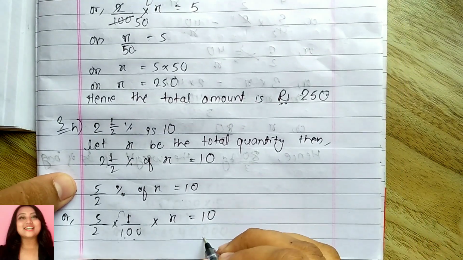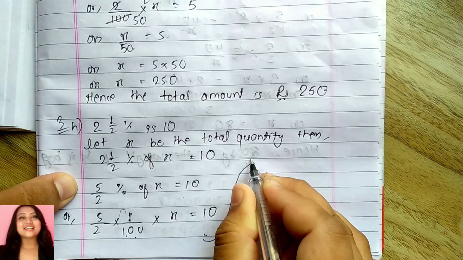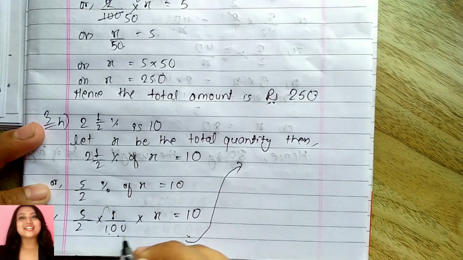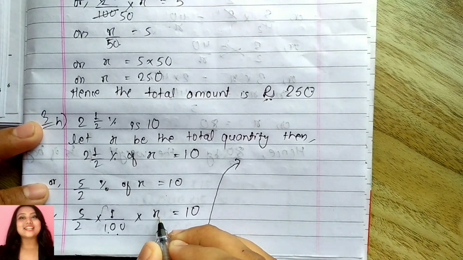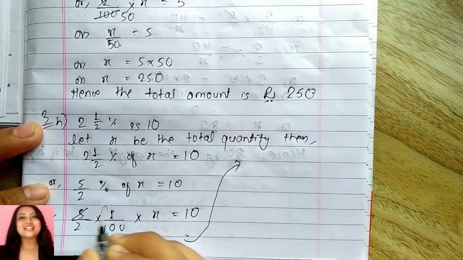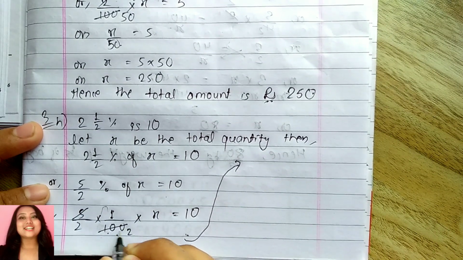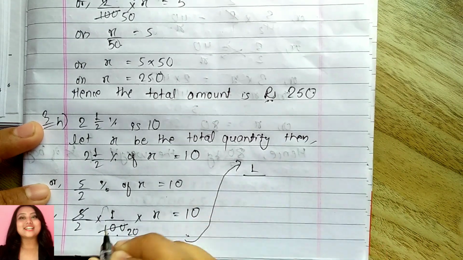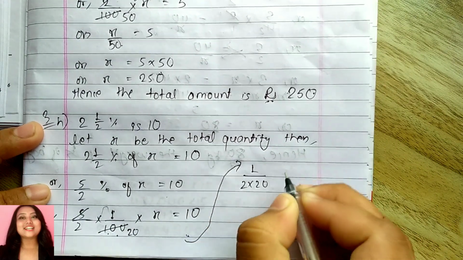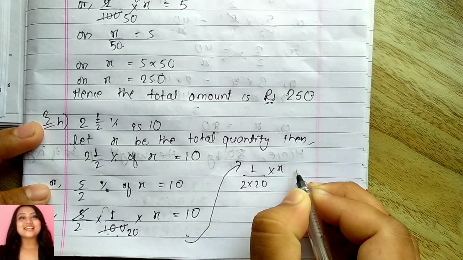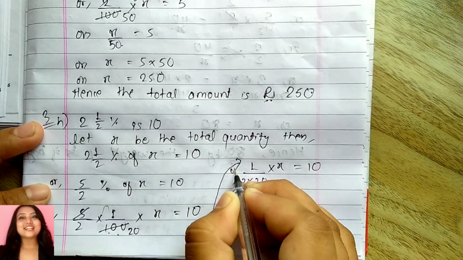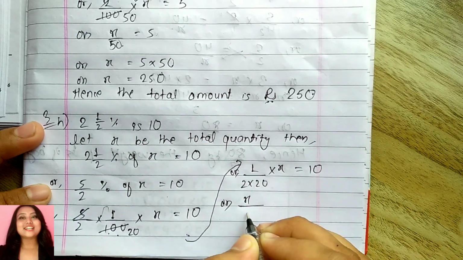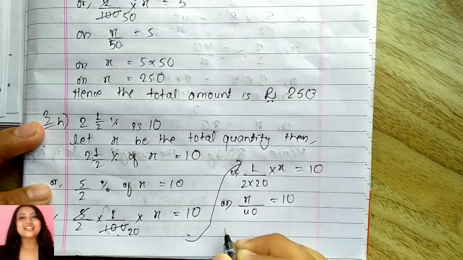After this step, 5 by 2, 1 by 100, and into x. So what you can write: 5 2s are 10, 0s are 0. So now the remaining is 1 upon 2 into 20, into x remaining in the numerator part, or x by 40 equals 10 is remaining, right?